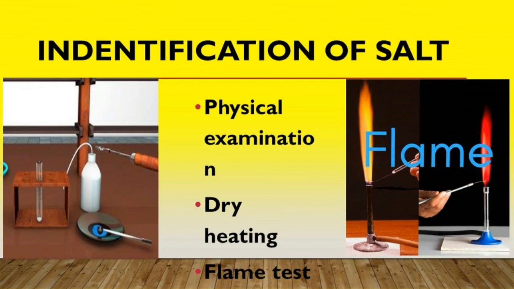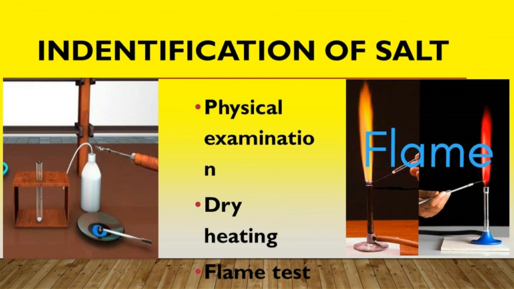Identification of salts. First one, physical examination. When you see the salt, we can study the color, smell and density. By seeing the physical appearance, we can find out what salt it is.